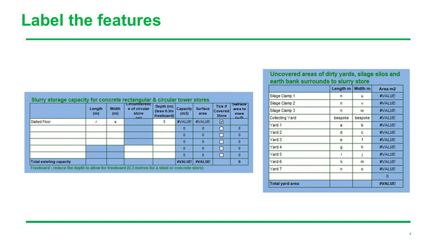You must label all buildings on your chosen base map, including non-farm buildings and those you do not own or have access to. All yard areas draining to the slurry store. You must individually label all the features referenced in your site plan and other areas of your application. Use the same labels in your slurry store location and design assessment form and Slurry Wizard submission.